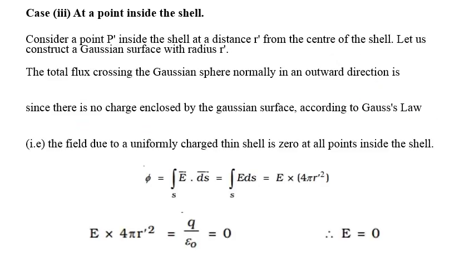So in this case, when a point is inside the shell, we are considering a point P inside the shell at a distance r from the center of the shell. In this case, we can construct a Gaussian surface with radius r prime.